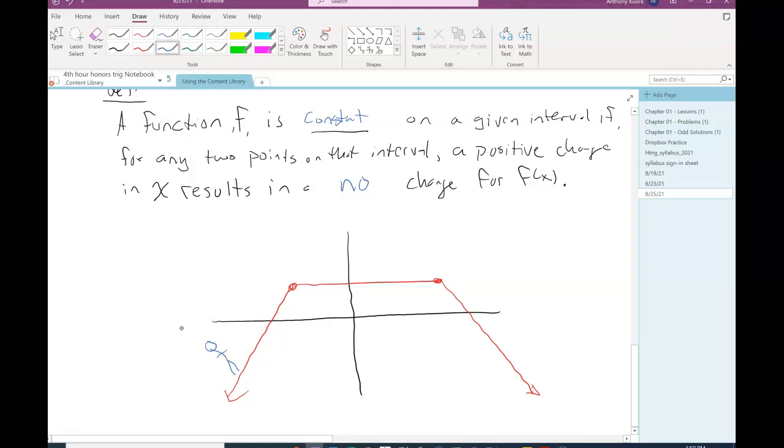This first section of the graph, they're walking uphill. That means that part of the graph is increasing. The next section of the graph, we're up here, that section of the graph is flat. That means it's constant. And as they continue walking to the right, they get to this third section of the graph that's downhill. That is decreasing.